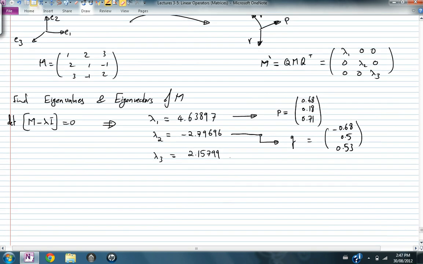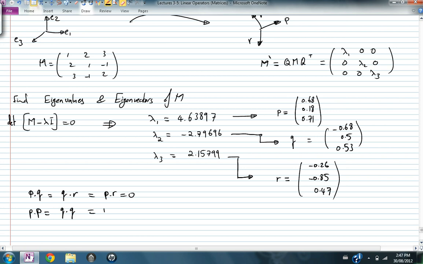And associated with the third eigenvalue is the third eigenvector R, which is equal to negative 0.26, negative 0.85, 0.47. Now you always need to verify that P dot Q is equal to Q dot R is equal to P dot R is equal to 0, and P dot P has to be equal to Q dot Q has to be equal to R dot R equal to 1. Orthonormal.